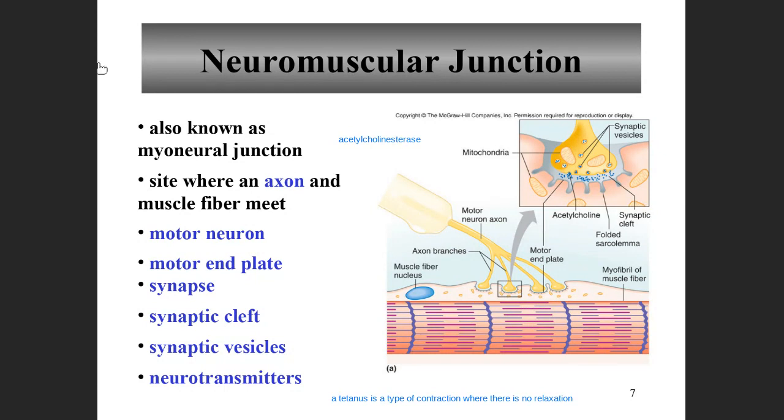What it does is that it takes the acetylcholine and breaks it down into the acetyl part, which is CH3CO, and the choline part. So in other words, you just cut it in half. And then these parts can get reuptaken and come back to make acetylcholine again.